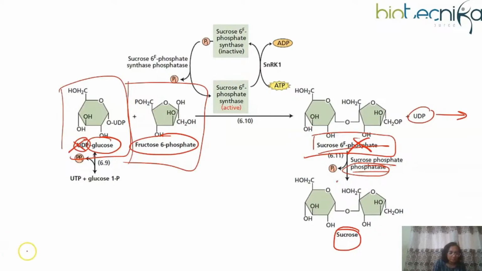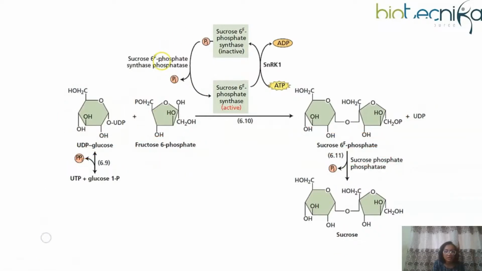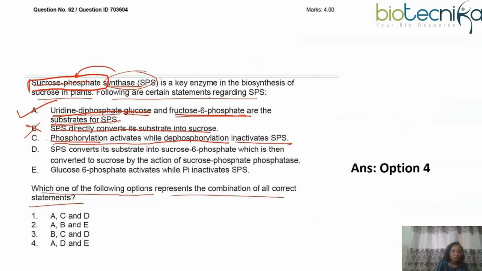See here, coming back to this image, when it has the phosphate, it is phosphorylated. When this enzyme is in the phosphorylated state, it is inactive. And if that phosphate is removed, then it becomes active. So statement C is not correct.